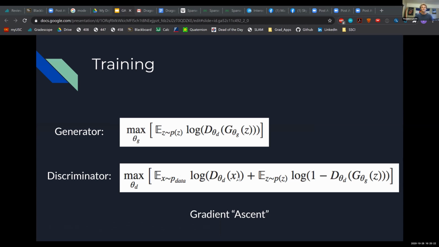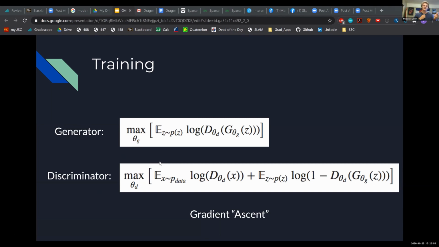Okay, so what we've been learning about before is gradient descent. That's sort of like, if you imagine you're on a hill, you're trying to go down, because most of the loss functions we've been looking at, you're trying to minimize them. So you're trying to go downhill to find the global minimum or the local minimum. And so you're using gradient descent. But here, you're trying to maximize two things. You're trying to maximize theta g, which are the same as the w, the parameters that you can change in your neural network.